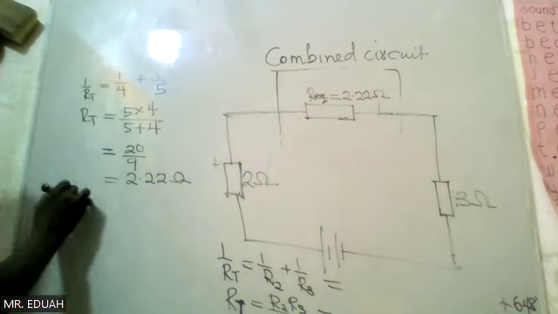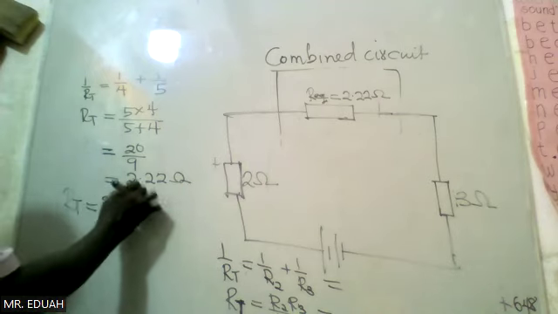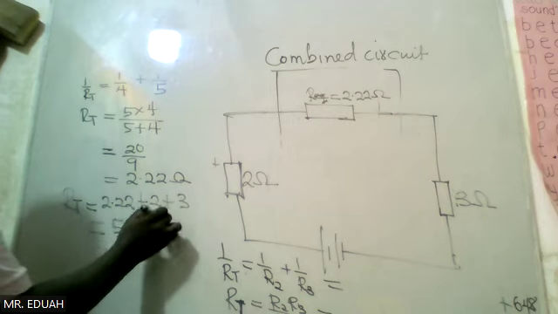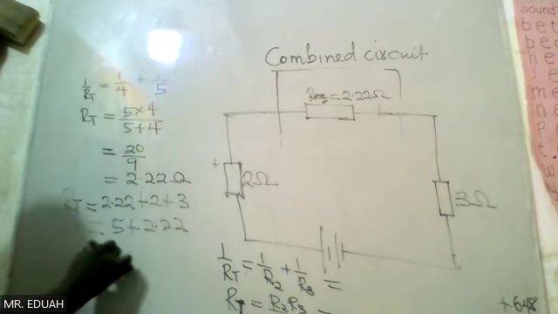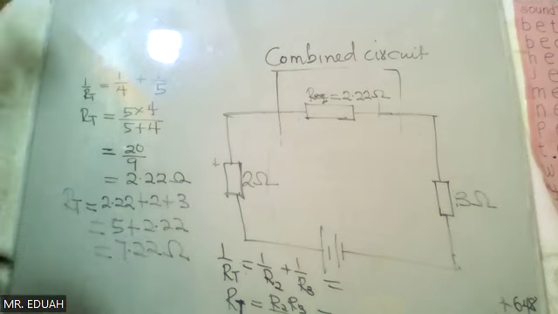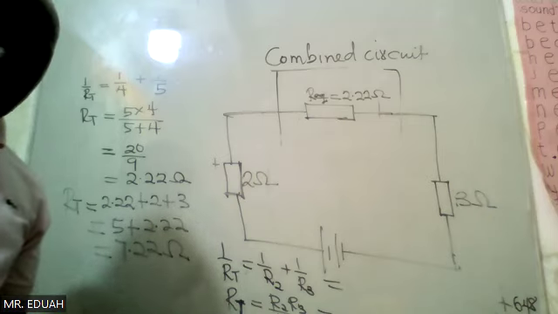Therefore, the total resistance in the circuit is equal to 2.22 plus 2 plus 3. So I have 5 plus 2.22, which is 7.22 ohm. This becomes the total resistance in the circuit. Please, all is well? Yes, please. Are we all okay?